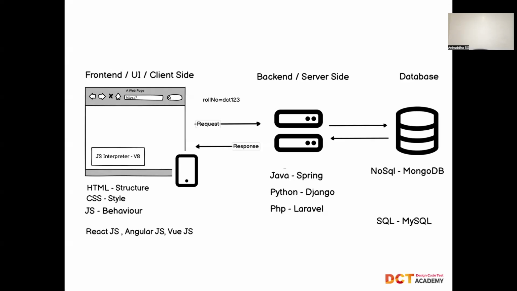Like, for example, in the example I showed: registration, roll number, submit button, make a request, get a response, update. If you're doing it with only JavaScript, like the JS behavior I've mentioned, you will probably write around 100 lines of code to achieve the output. But if you're doing the same thing with React, you could probably achieve it in 30 to 35 lines of code.